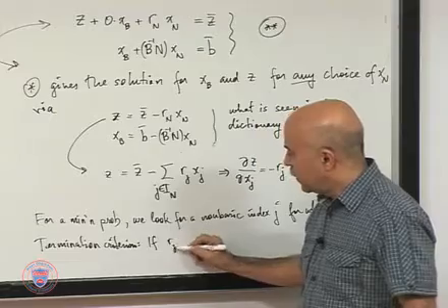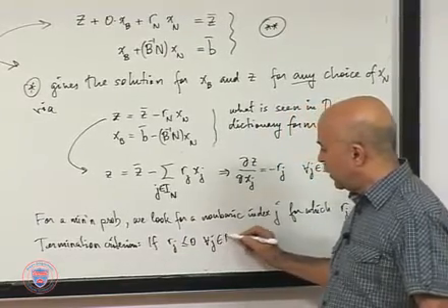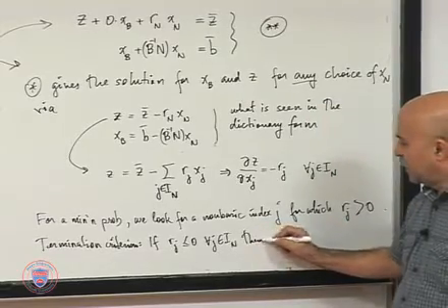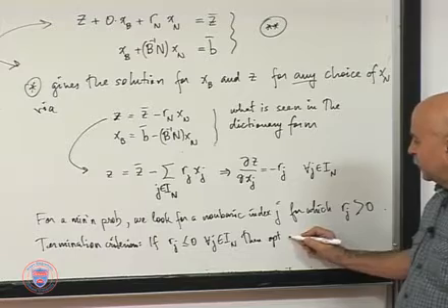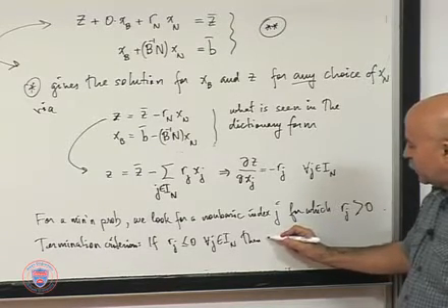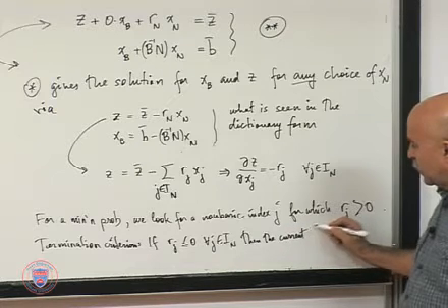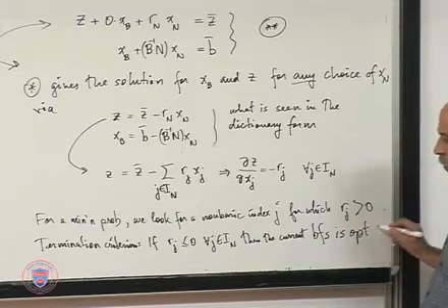If rj is less than or equal to 0 for all j in the non-basic part, then the current basic feasible solution is optimal. For a minimization. Okay?